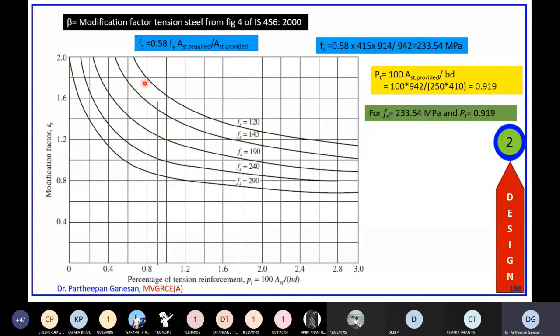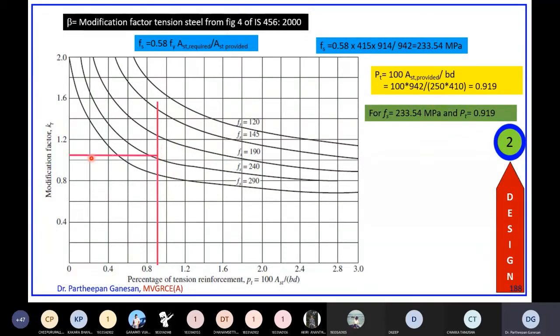Now in this line, you see this curve is the 240 curve. This curve is the 190 curve. So the difference in height from here is 50 MPa. 190 MPa, this is 240 MPa. Your value Fs is 233.54, so it will be somewhere close to 240. So I am taking 240 as somewhere here.